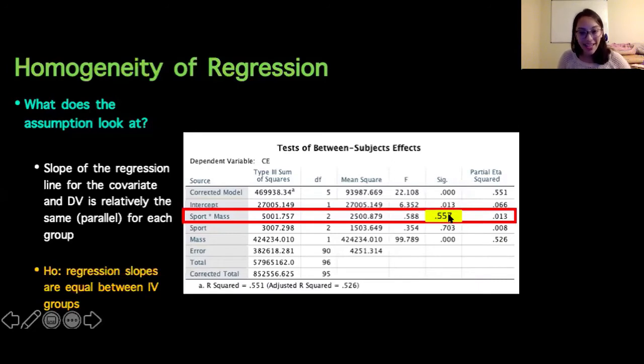However, I will say I have not had very much luck finding examples where this holds true. I think I have an example later, but there are times where it looks like graphically your lines are parallel, but you get a significant p-value, in which case it's saying the slopes are not parallel.